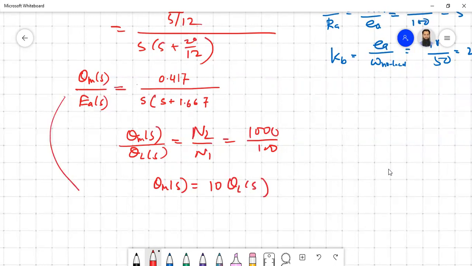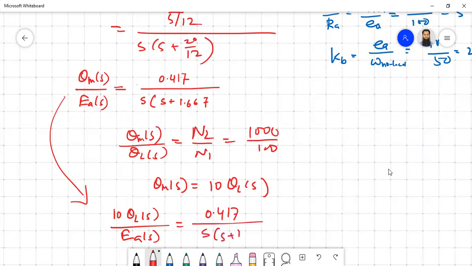So if you put it here, then what you are going to get is 10 theta L(s) by Ea(s) equal to 0.417 divided by S into S plus 1.667.